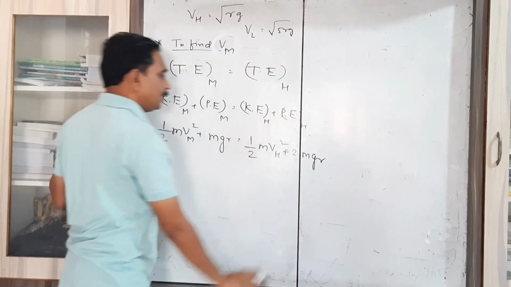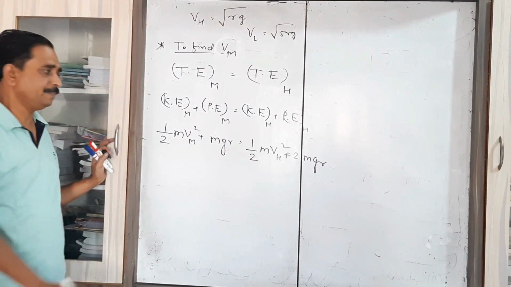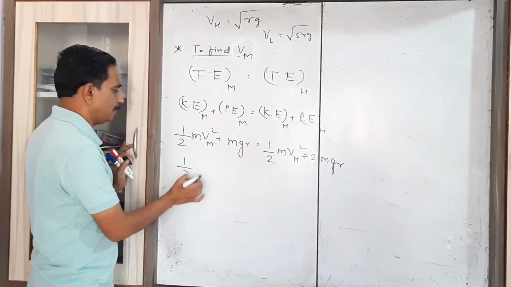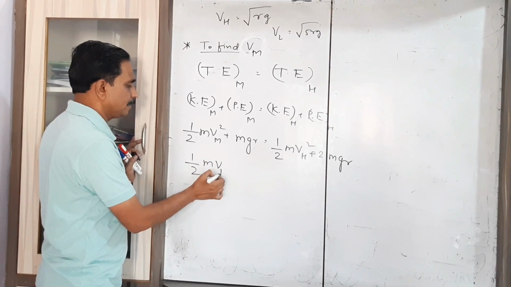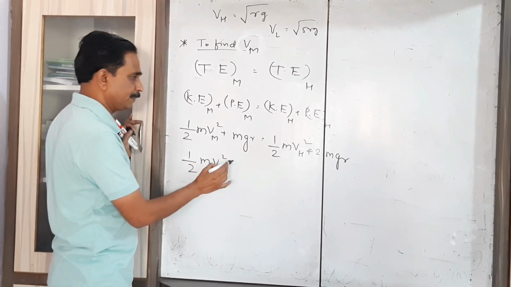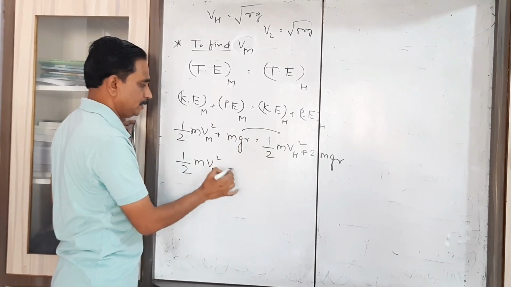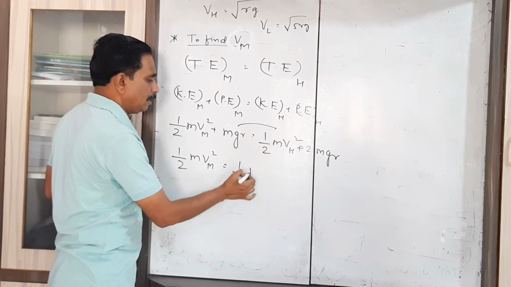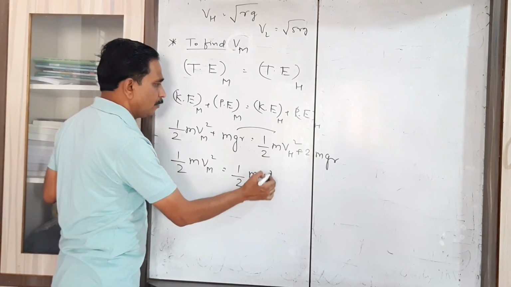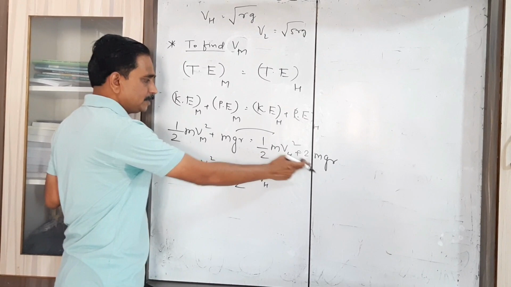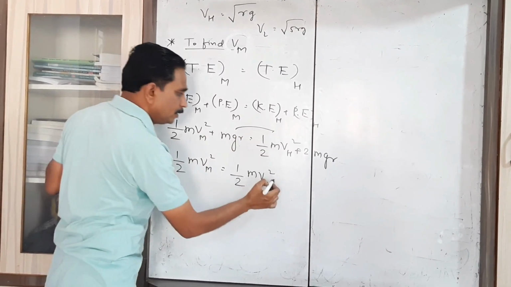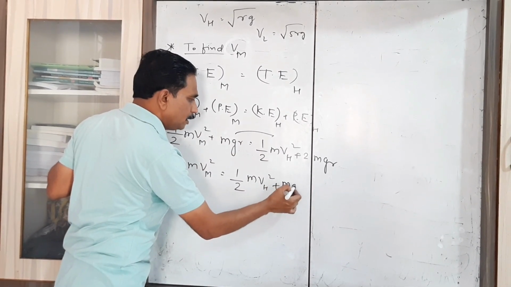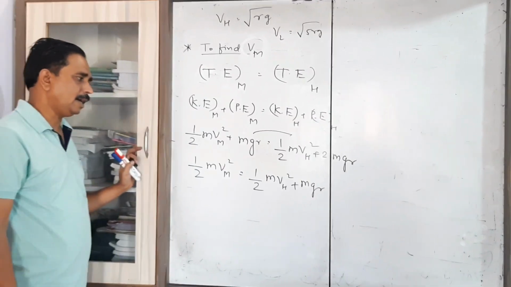So I write plus twice mgr. So half m vm square, if I transfer this, equals half m vh square plus twice mgr, and the mgr becomes minus, so it is simply mgr.